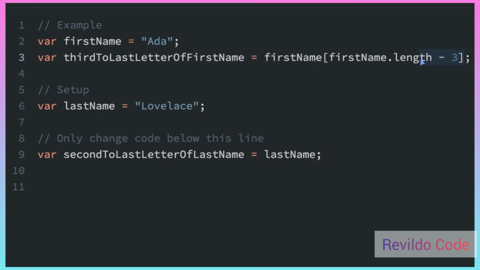That's going to get the third to last letter. So if we want the second to last letter into this variable here, we do something similar. We just do last name dot length, and then we're going to subtract 2 to get the second to last character of the string.